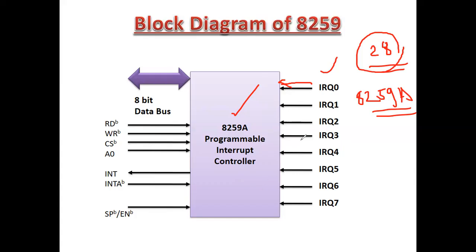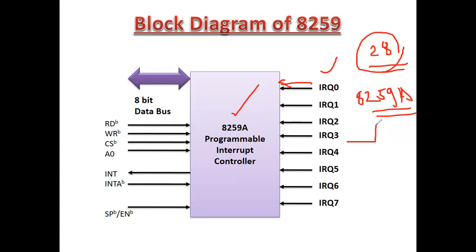And an interrupt service is requested by raising an IR pin from low to high state. Initially, the input at this IRQ pin is low.